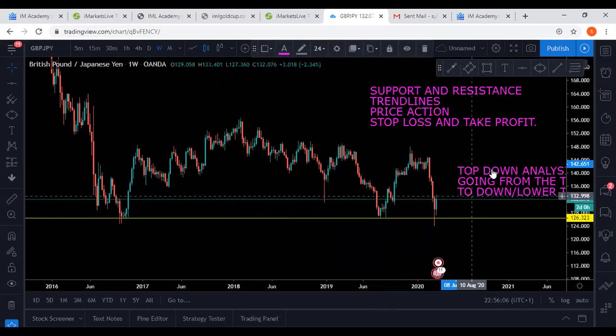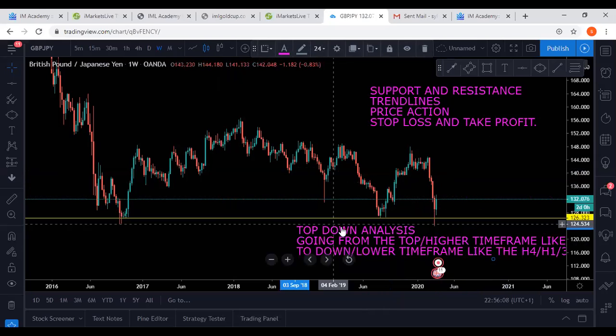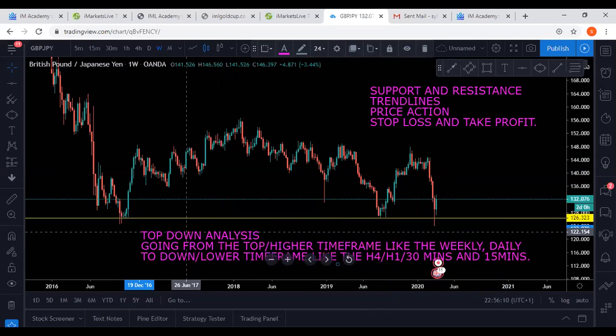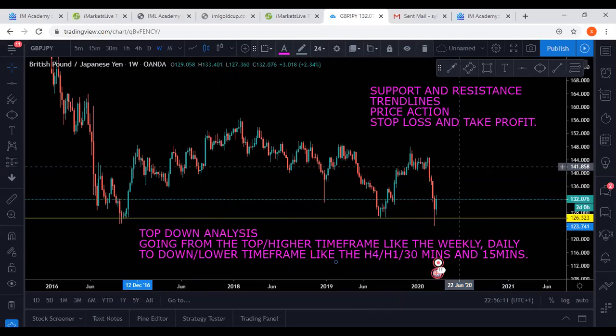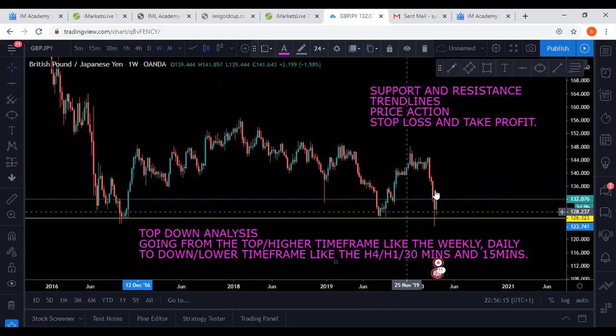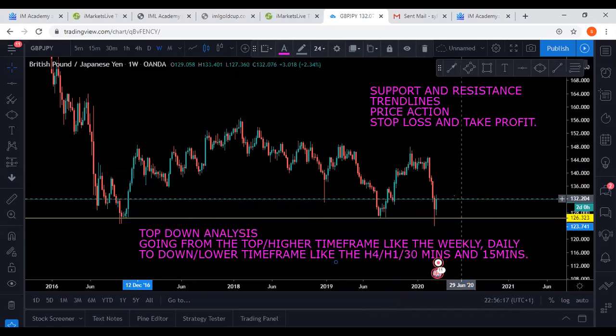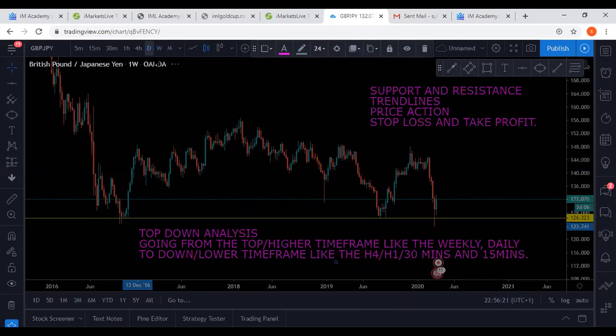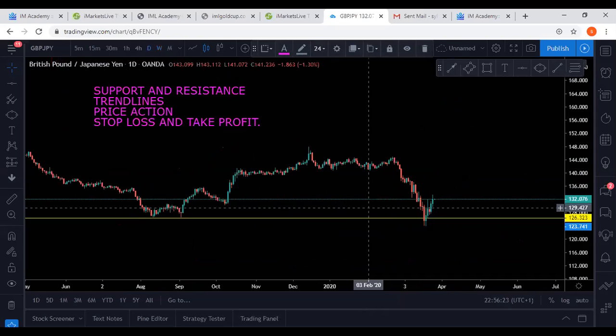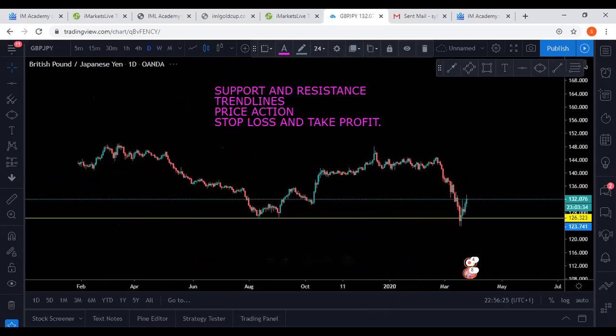So if everyone can see this, make sure that you're taking it down in your notes so that you can go over the stuff again. So that's what top-down analysis means. When you open your chart, you want to start your analysis from the daily, okay? Then you start working down to maybe your 4 hour, 1 hour, 30 minutes, 15 minutes.